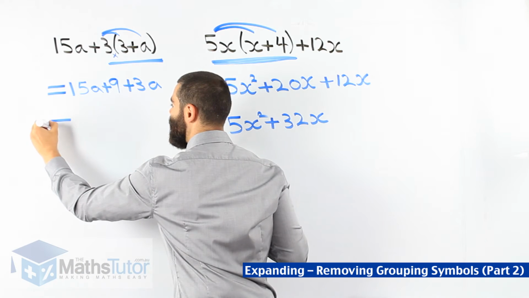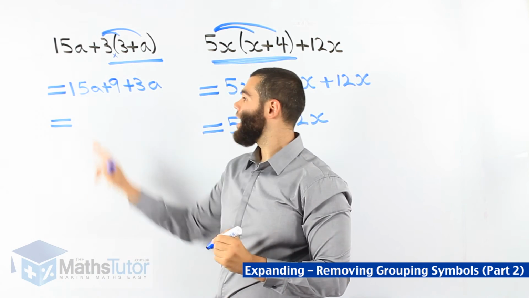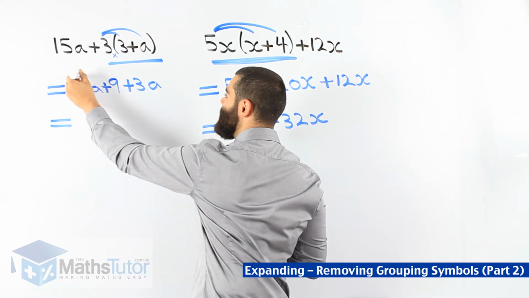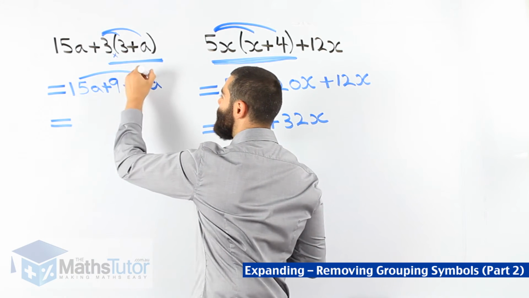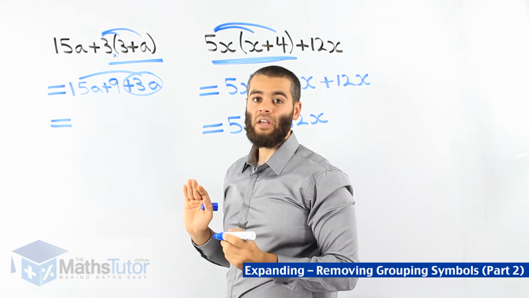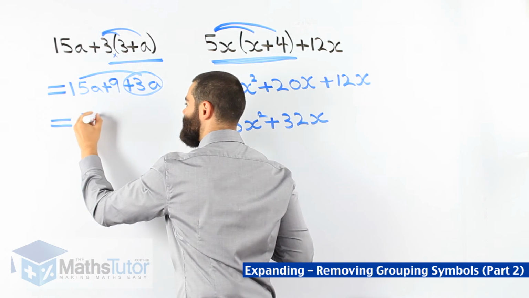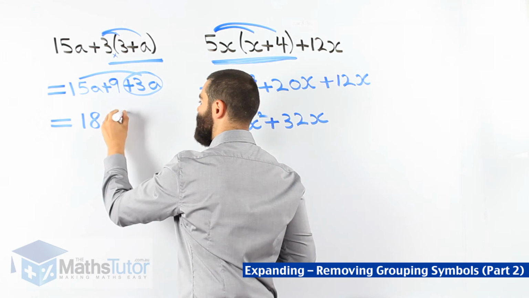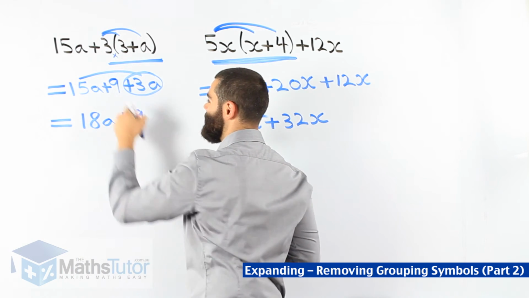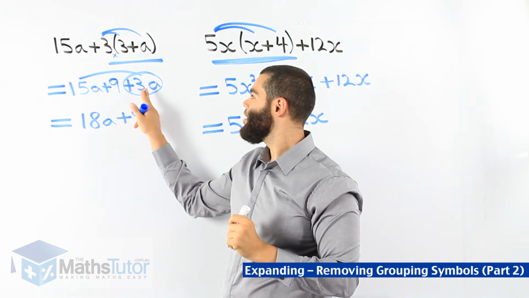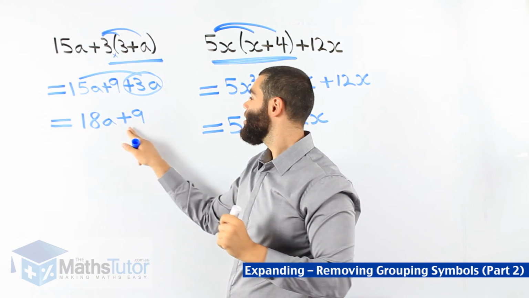We collect like terms. The like terms are the 15a and the 3a. 15a plus 3a is 18a plus 9. Don't forget the 9.